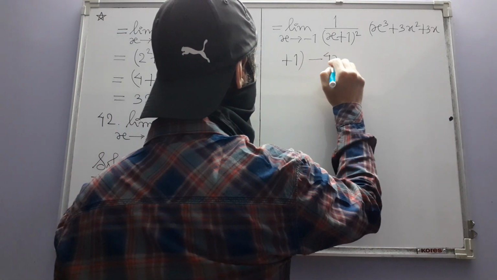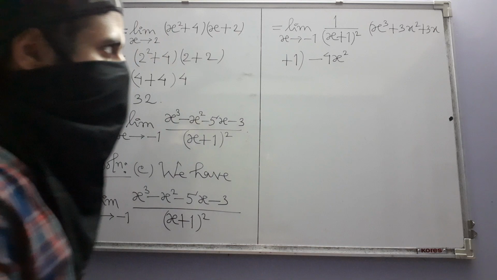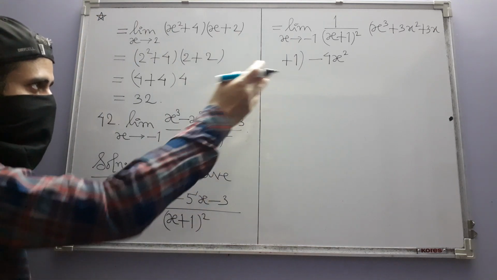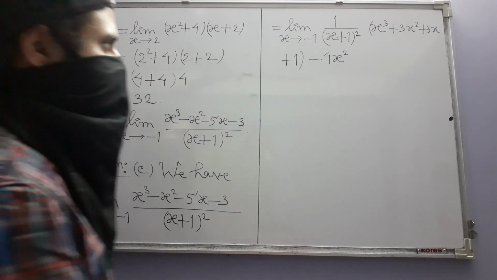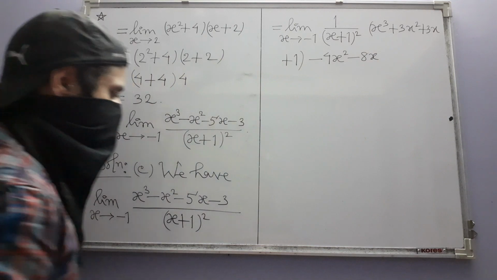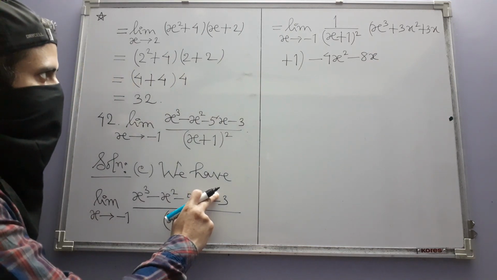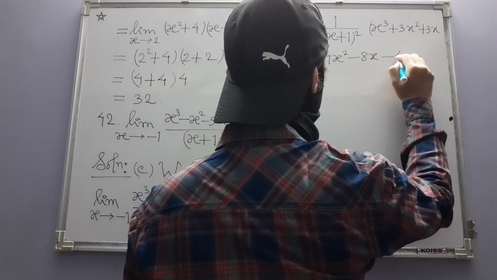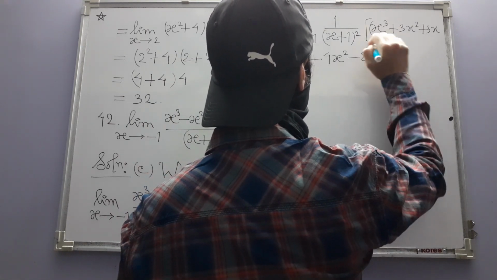So I need to write minus 4x square. Originally I have minus 5x, here I have written plus 3x. So minus 8x. Originally I have minus 3, here I have written plus 1. So I need to write minus 4.